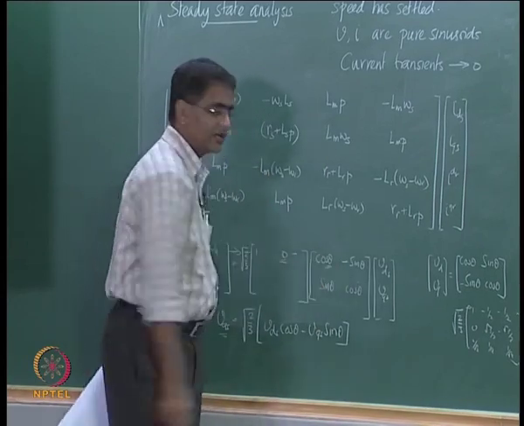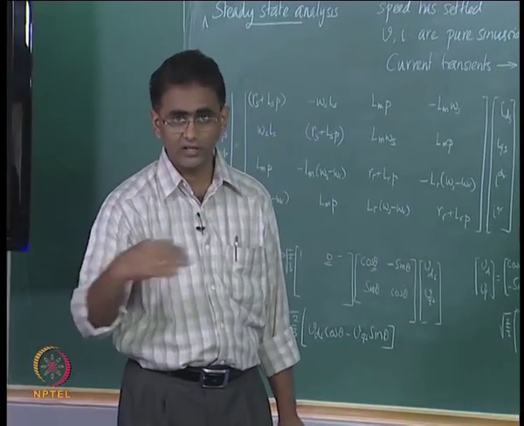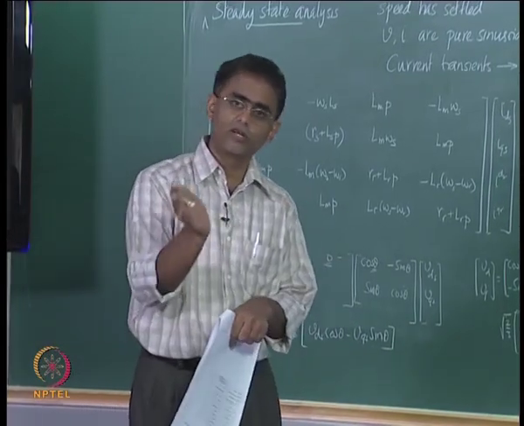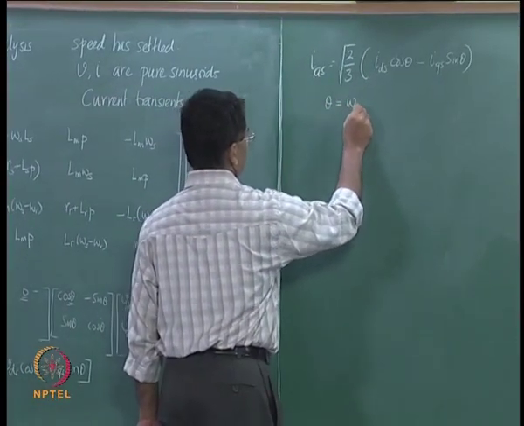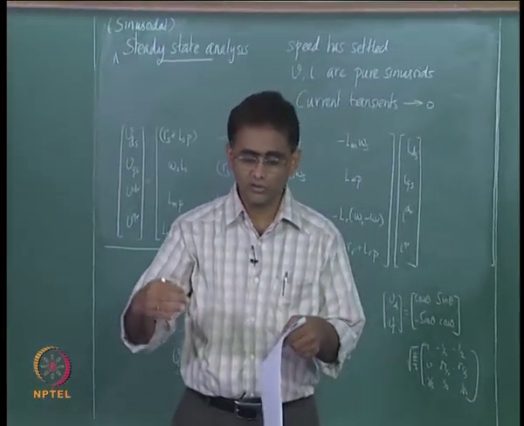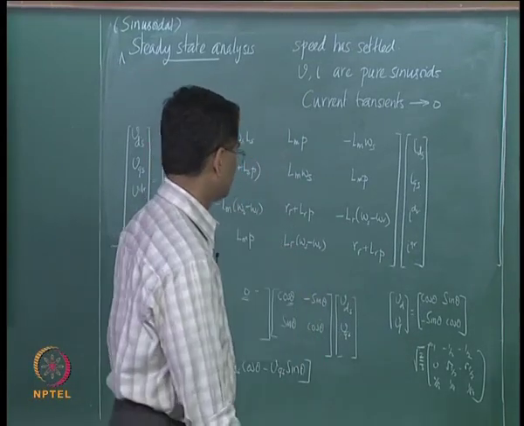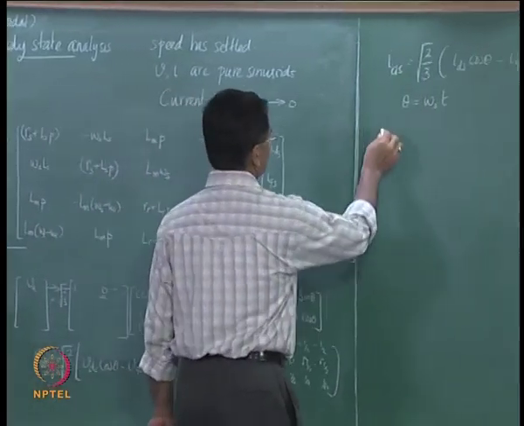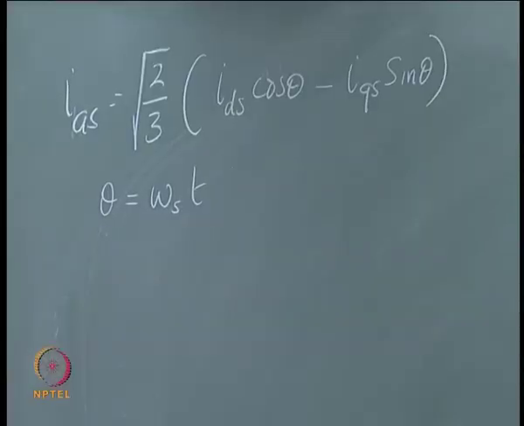Theta is the angle that the reference frame D axis makes with respect to the stator A axis, and since the frame rotates at synchronous speed, one can therefore say theta must be equal to synchronous speed multiplied by time, assuming that at t equal to 0 the D axis coincides with that of the stator A phase axis. So using this description, then one can try to derive the steady state equivalent of the induction machine.